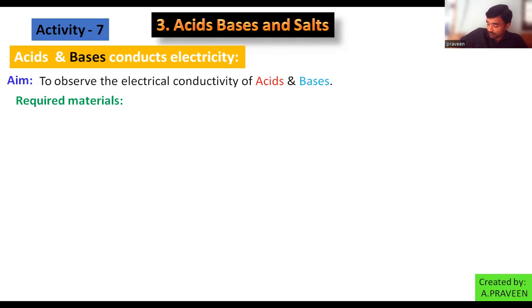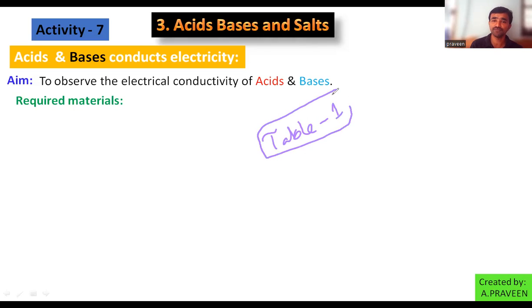If you observe table 1 in your textbook, the first 4 compounds, once see them. Go to table 1, study it, then give me your observation. What do you say? What do the first 4 compounds have in common?